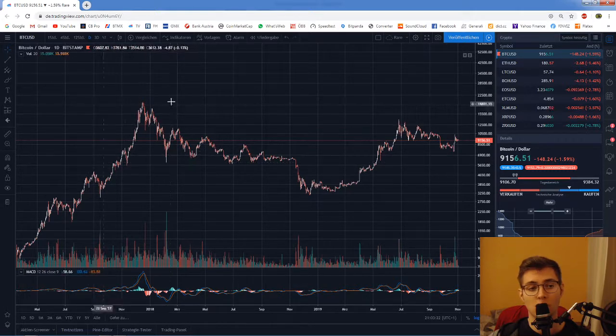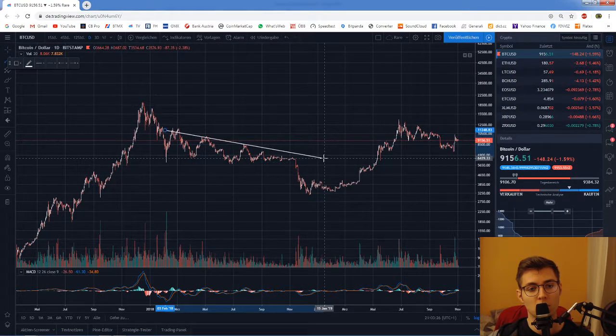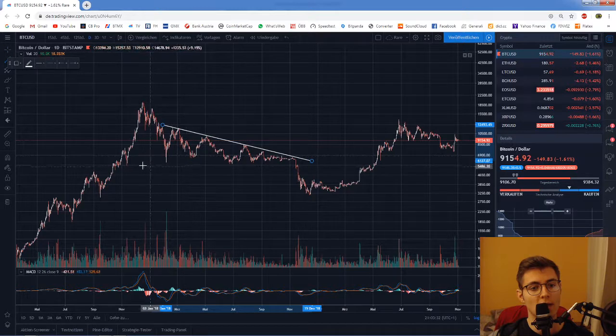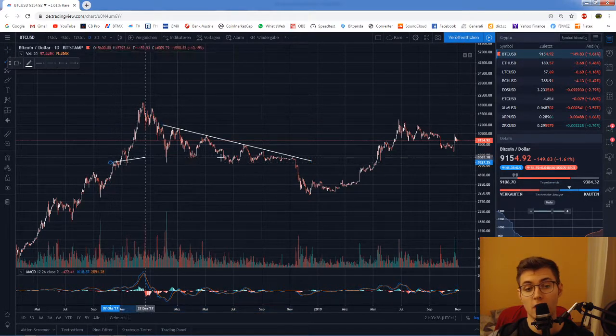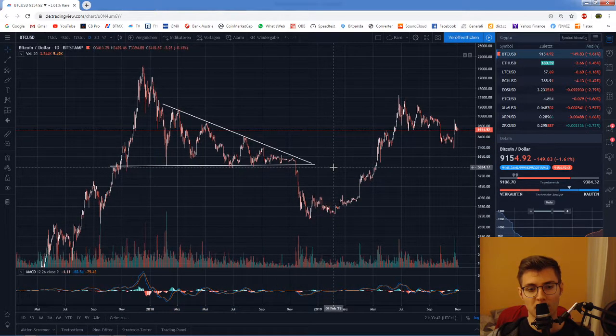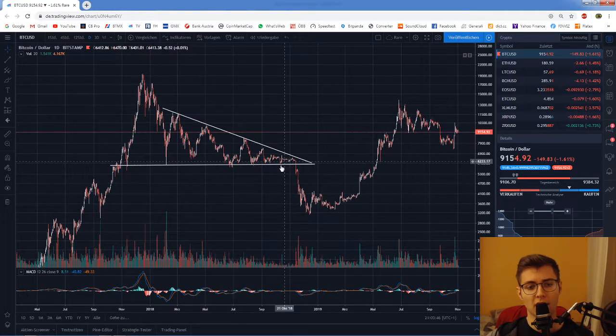So in this pattern, which basically was a descending triangle, we had a rather clear area or actually line of support. And that was around $6,000, 6K, like high 5 to a low 6K.